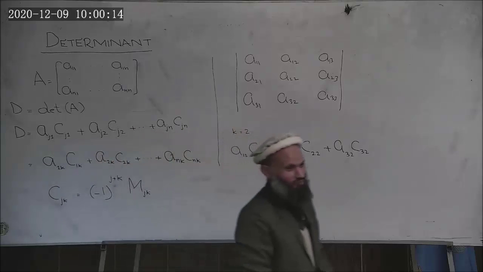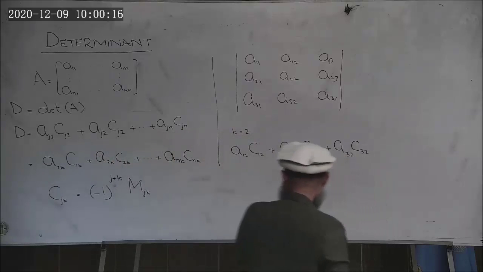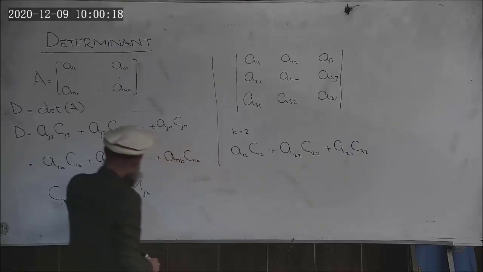Mjk is the minor, and how do we obtain this minor?